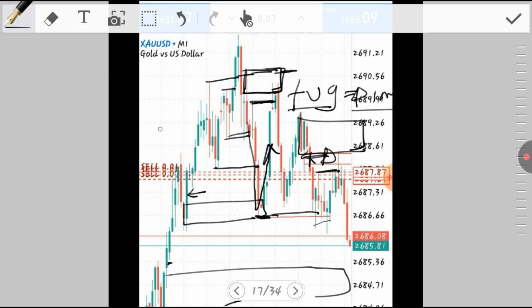There is what we call the confirmation level, where the market has to cause a change of character before making an entry, which I'll also explain in the next video. This enables you to prevent unnecessary losses when making an entry, and it is a very key and important part.